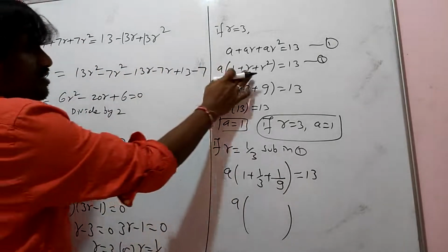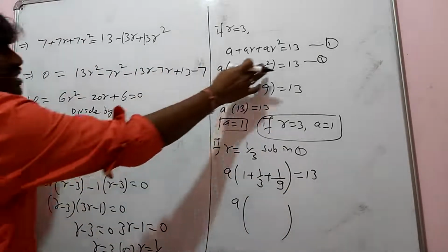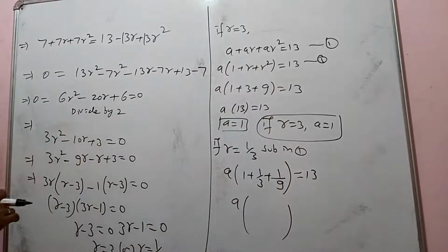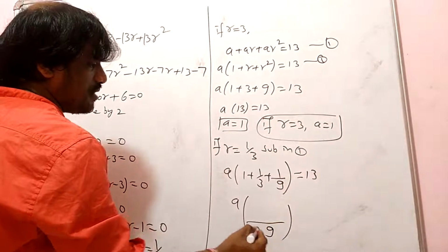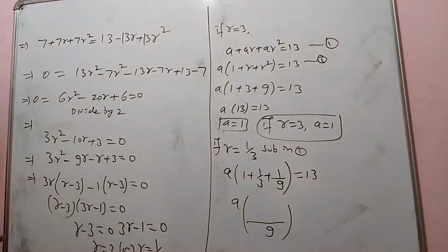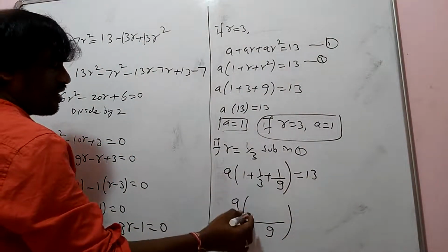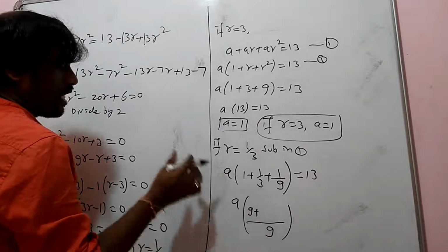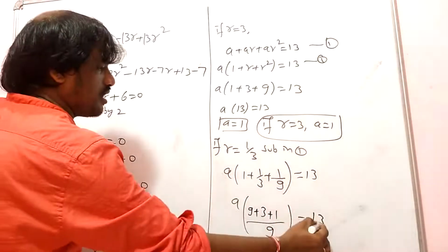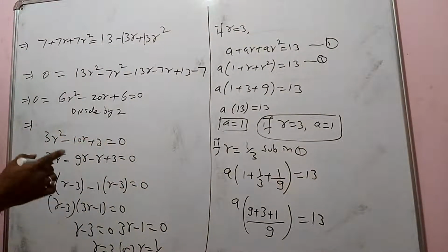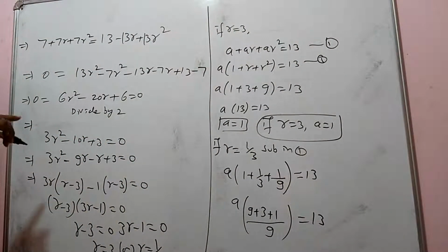So 1 plus r value 1 by 3 and 1 by 3 whole square is 1 by 9. Anybody have any doubts? So 9 is the LCM here. If I take 9 plus 3 plus 1 is equal to 13. 13 will cancel out.